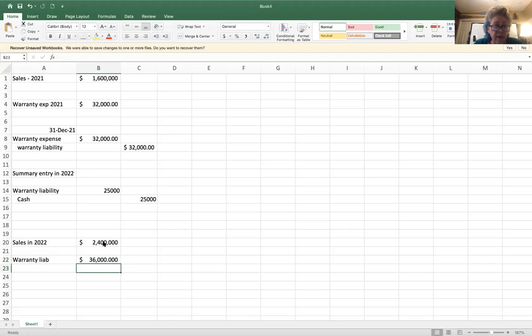So they estimate that the warranty liability should be $36,000 for their 2022 sales. That will be actually the 2022 sales that the warranties will come in 2023, because they have a 1-year warranty. Some would come in 2022, but they're just trying to keep this clean.